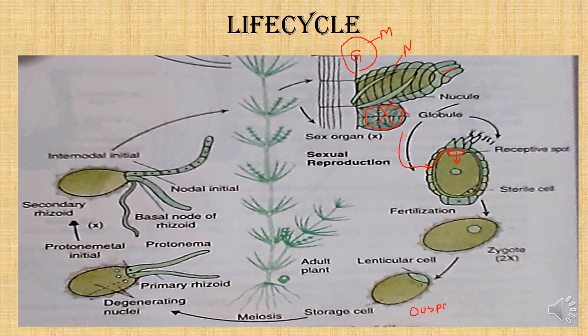So we know that the zygote formed after fertilization is diploid, and when the zygote undergoes a period of rest, then it germinates. During the period of rest, this storage cell is called the oospore, which has a cellulosic wall around it, and lime encrustation on the surface of the nucule.